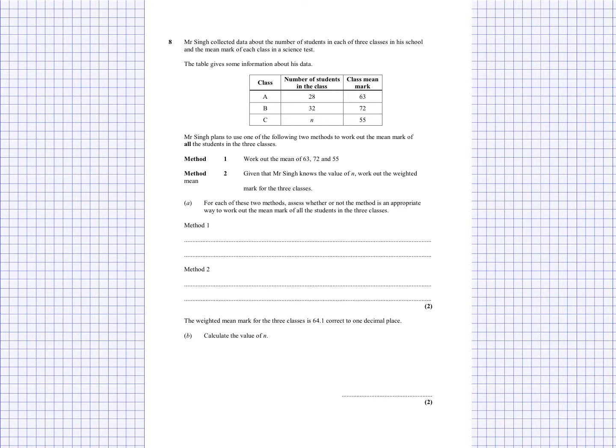Now, anytime you need to work backwards, I think it's always useful to write out an equation. This is the same for maths classes as well as statistics as well. Okay, so the weighted mean mark for the 3 classes, I'm going to take that, and then 64.1, and the "is", I'm going to make it into an equal sign.